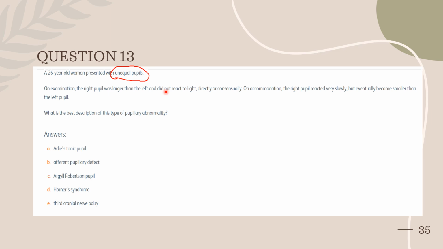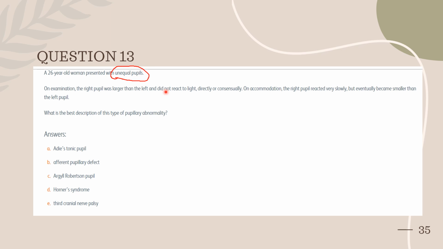But the right eye, if it has an RAPD or optic nerve damage, can constrict by consensual reflex, meaning that when the light is shown to the left eye, which is the normal eye, the information will be carried by the optic nerve of the left eye, which is intact, and the information will be passed through the third nerve of the right eye, which is also intact. So that consensual reflex will be okay.